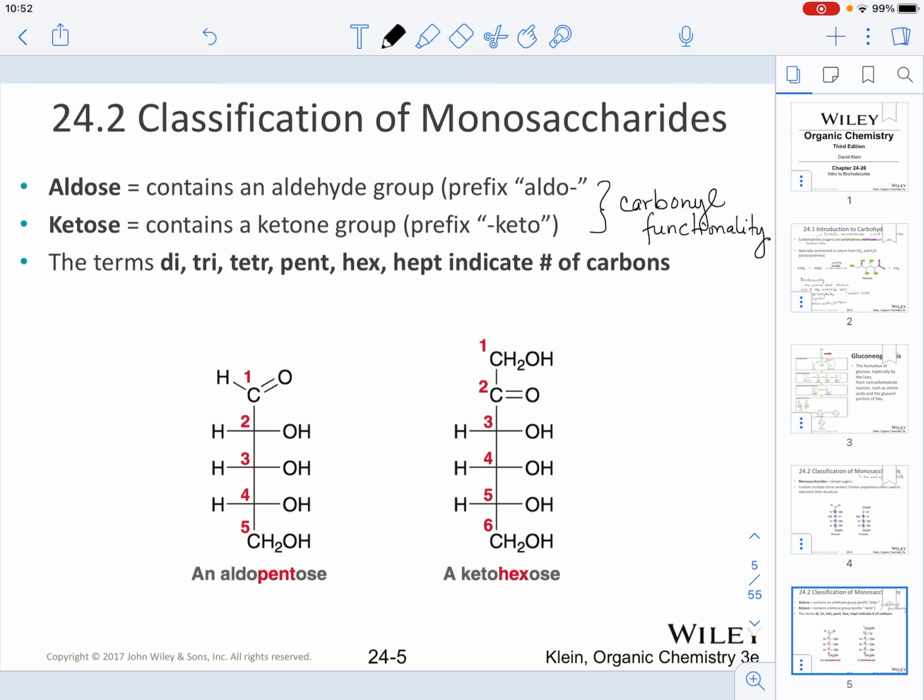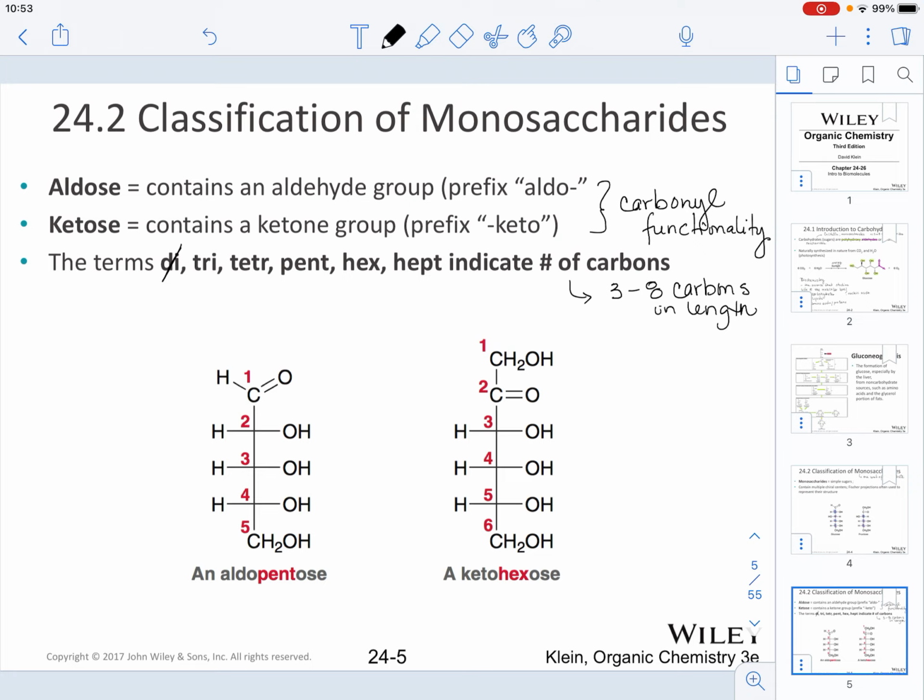One thing that I want to establish is that for monosaccharides, the majority of monosaccharides have 3 to 8 carbons in length. So the prefix di is actually not typically utilized.